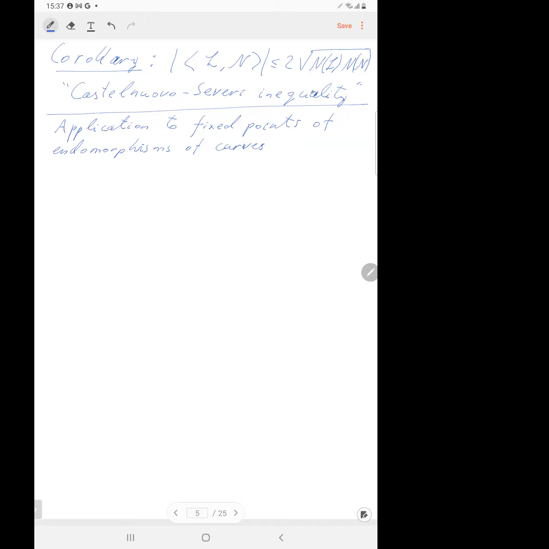But it is more general. It works over arbitrary fields, say in zero characteristic, and with arbitrary endomorphisms, and even more general than this. So let me first formulate something more general.